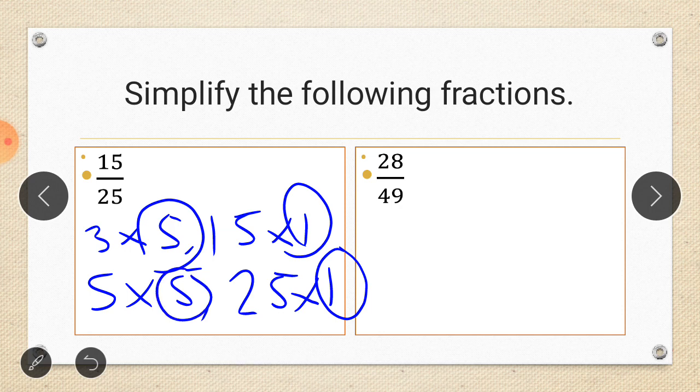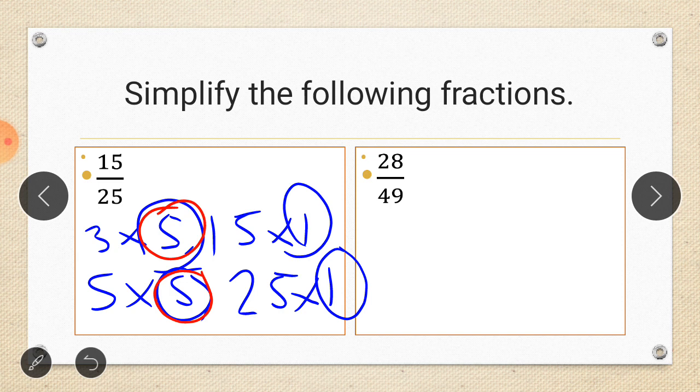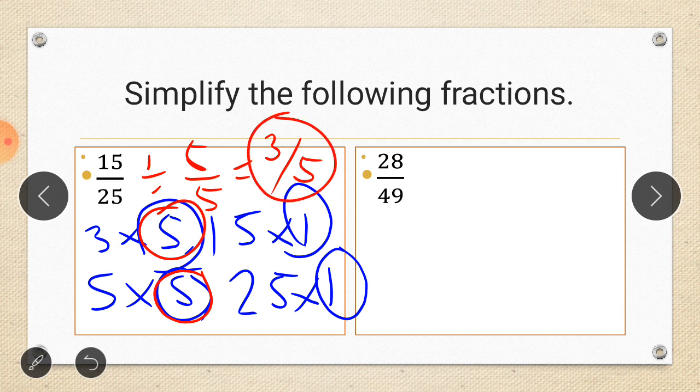Therefore, the GCF is 5. Let's divide both the numerator and denominator by 5. 15 divided by 5 is 3, 25 divided by 5 is 5. So the simplest form of 15/25 is 3/5.